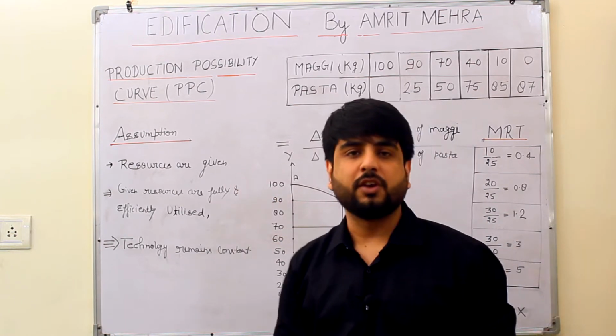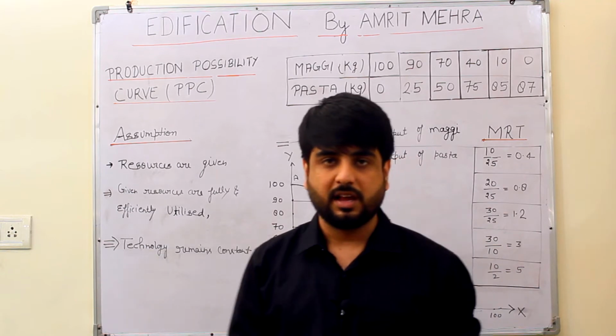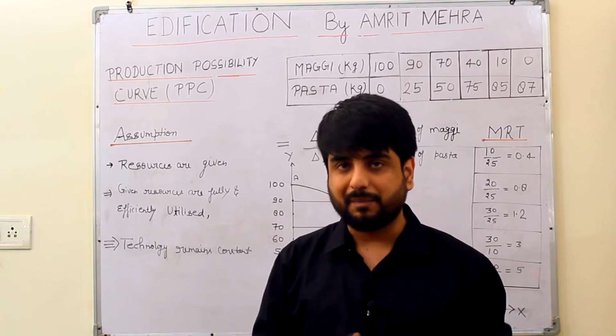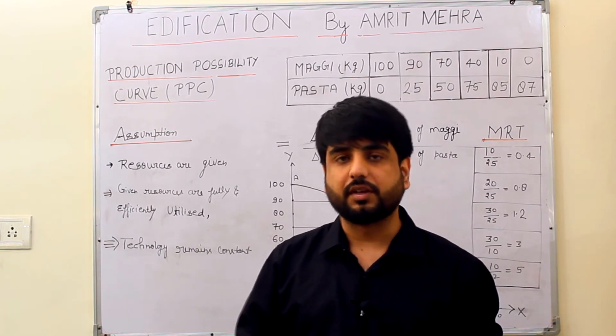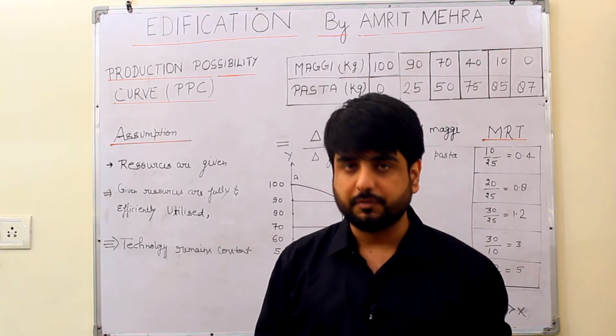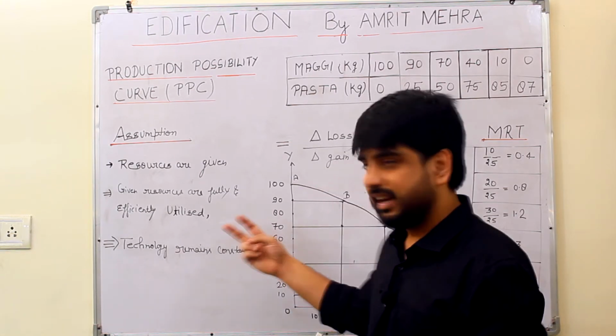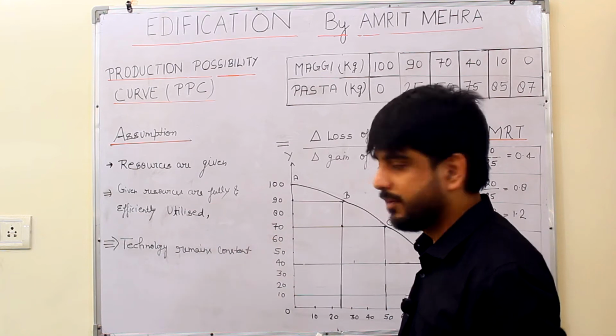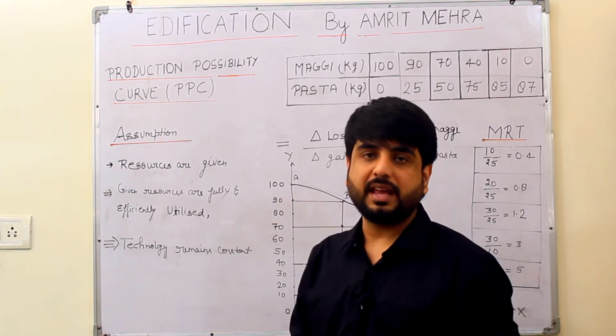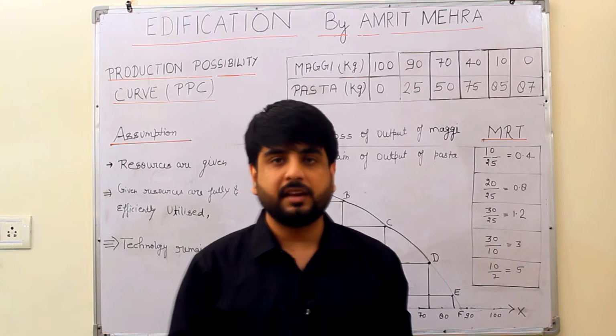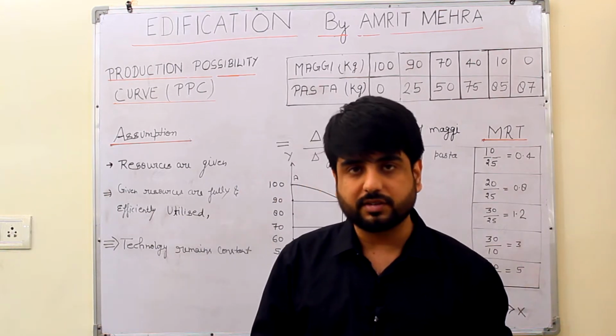The resources are not supposed to increase or decrease because this will affect our PPC. Either it would shift rightward or leftward, which we don't want. So second assumption, given resources are being fully and efficiently utilized, there is optimum utilization of the resources.